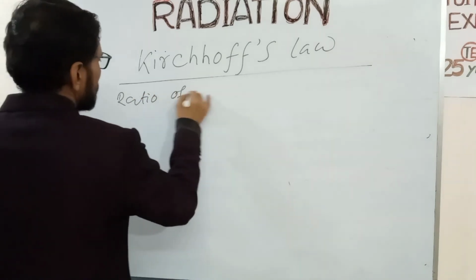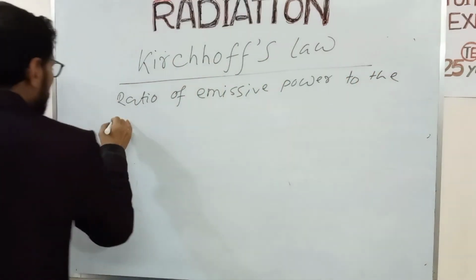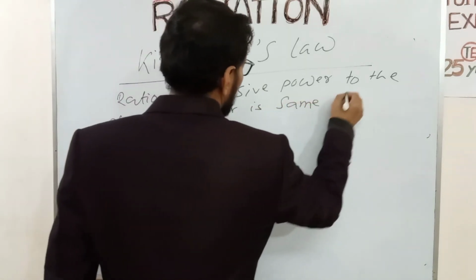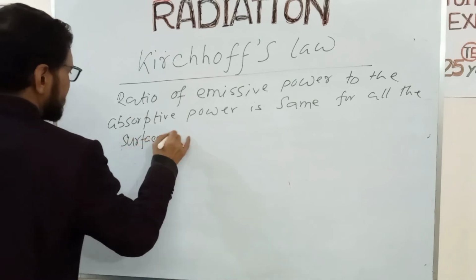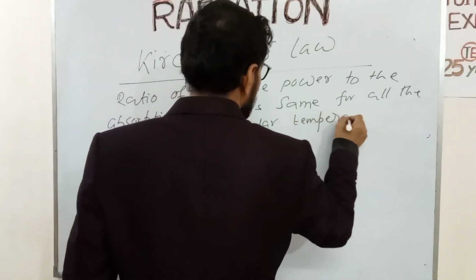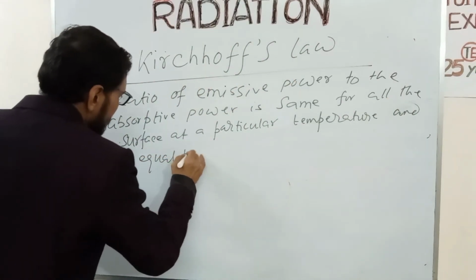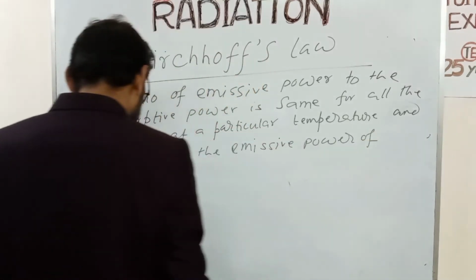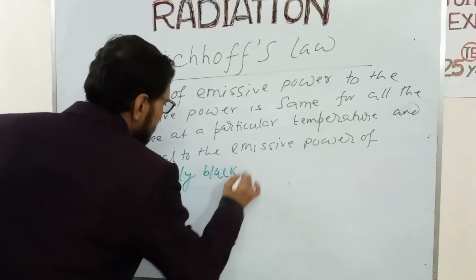The ratio of emissive power to the absorptive power is the same for all surfaces at a particular temperature, and each is equal to the emissive power of a perfectly black body.